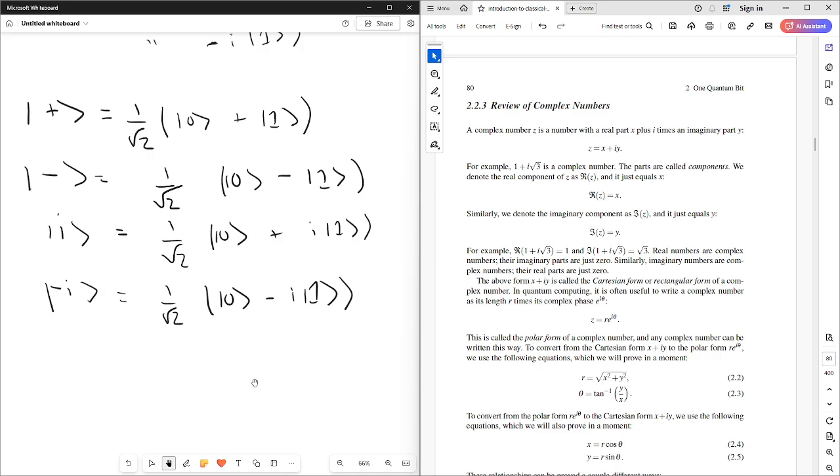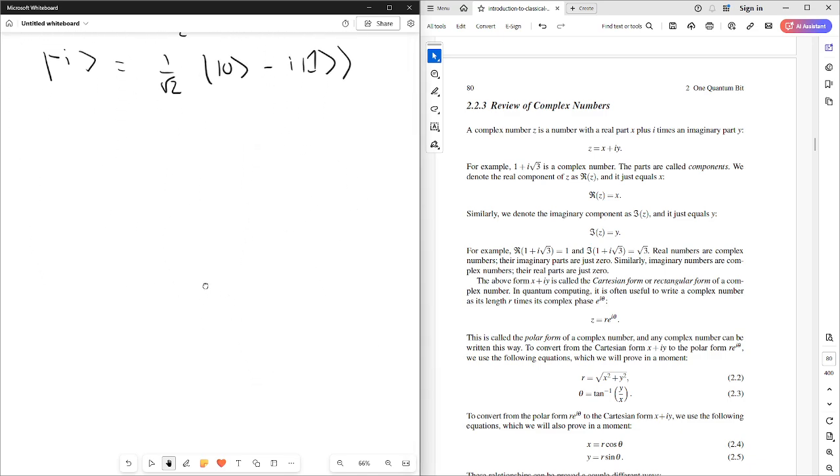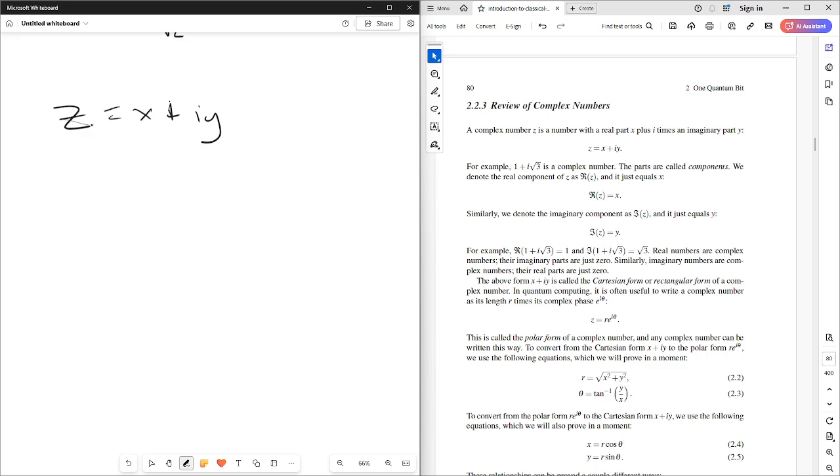Okay, quick review of complex numbers. z equals x plus iy. So 1 plus i square root 3. So x in this instance is 1, y is square root of 3.